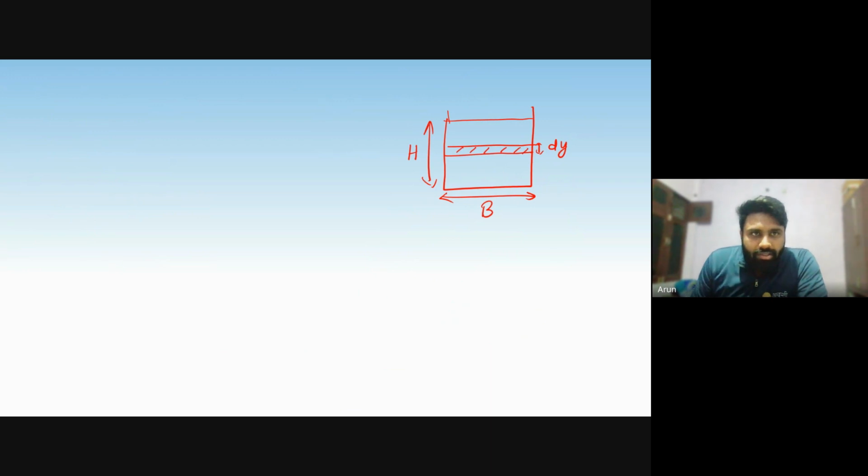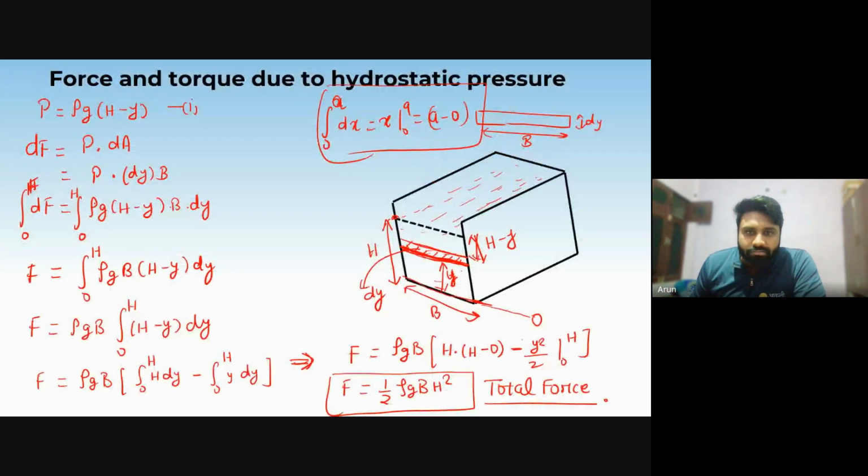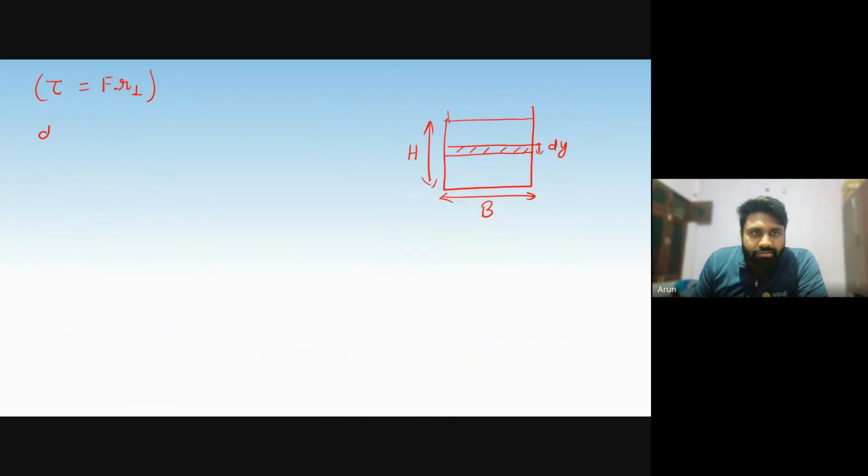Now we know that torque is nothing but force into perpendicular distance, or F cross R, but in magnitude it will be F into R perpendicular. So for this small strip, we are going to calculate the small torque, because force is variable here. To calculate the total force we have to integrate, because pressure here is varying. That is why we have to calculate small torque.